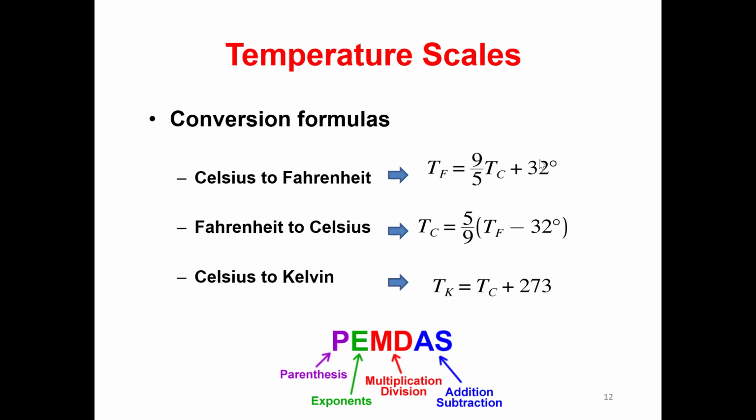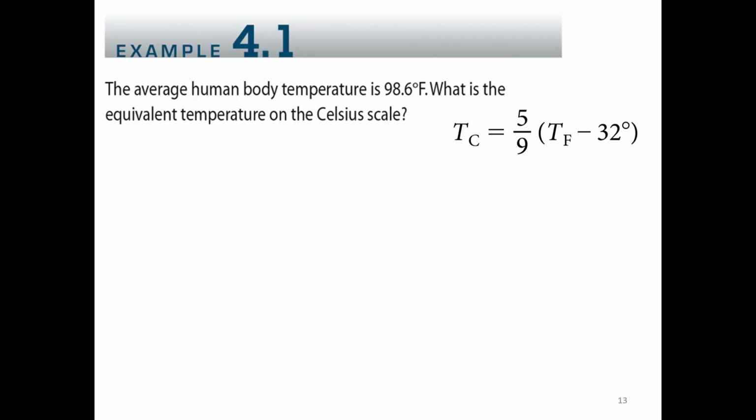For example, in this case we first multiply and then we add. In this case, first we solve the parentheses and then we multiply. Here, no problem. The last one. And just to review the procedure quickly, let's do some examples.